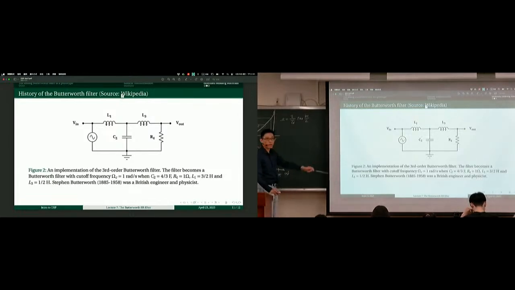So historically, it's about circuit design. And you can generalize. If you're interested, there are some further readings you can find on Wikipedia.